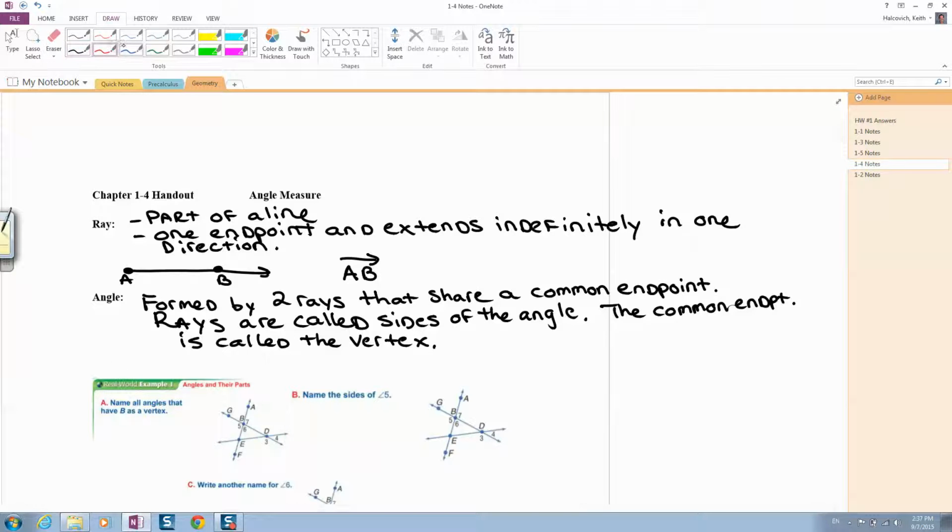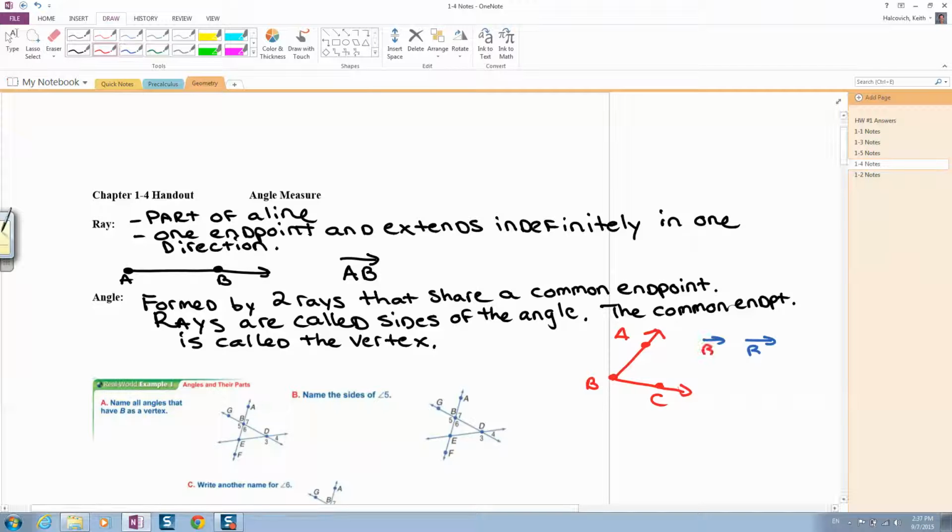So if you draw an angle here, ABC here, so the sides are, sorry, not AB, my mistake.